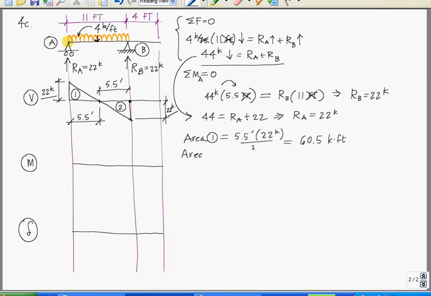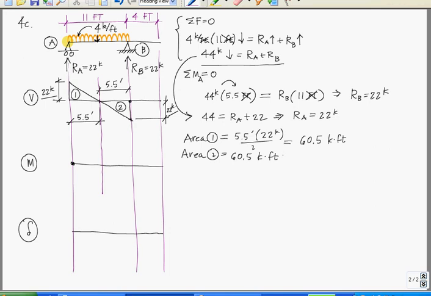Area number 2, it's also 5.5 base, 22 kip height divided by 2. It's the same area, 60.5 kip feet. So to do our moment diagram, we know the moment at this first pin connection has got to be 0. And we recognize that when the shear diagram crosses 0 here, we'll have a local maxima or minima of the moment diagram.